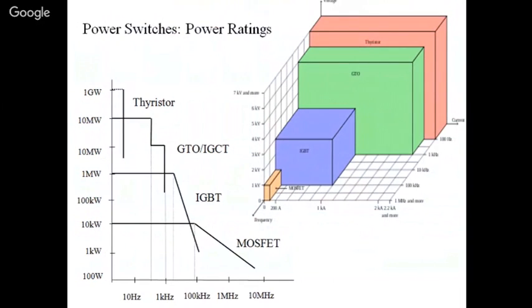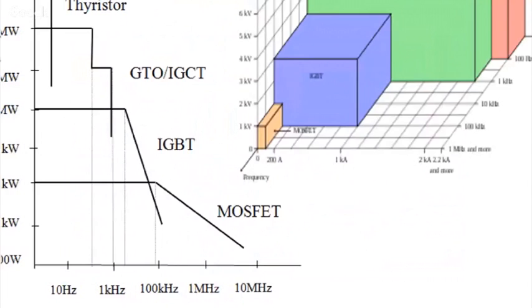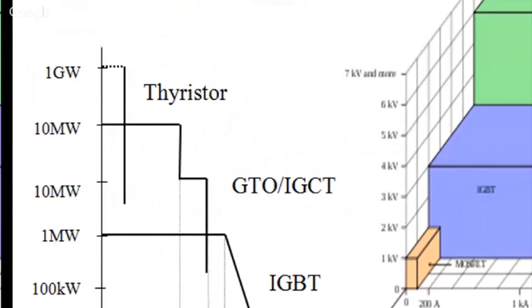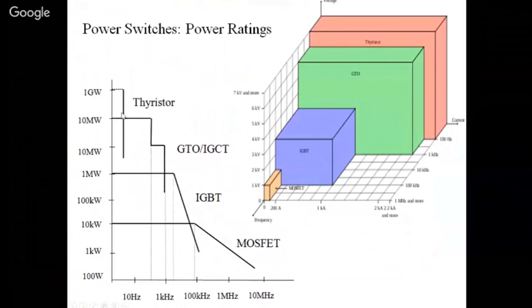And now you can see which device to use for which application. You can just see this graph and conclude with this. Below you can see 10 hertz, 1 kilohertz, 100 kilohertz. This is the frequency range, and this is the power range.